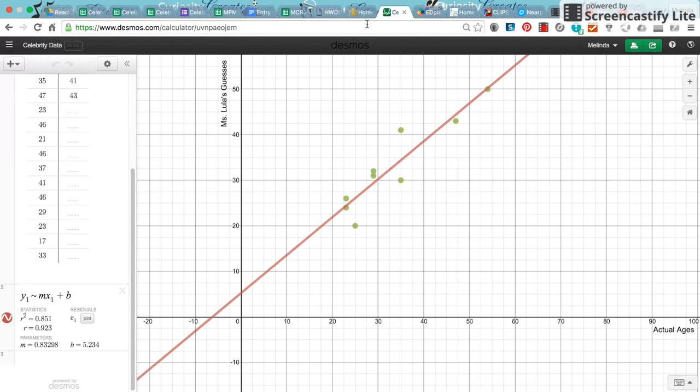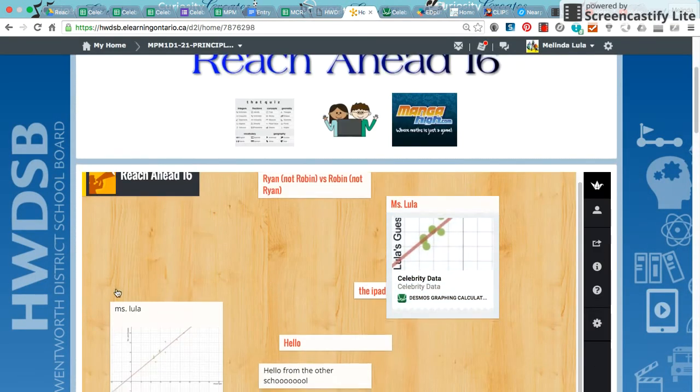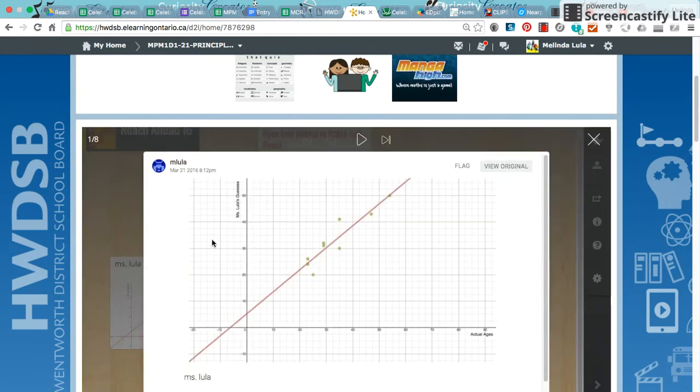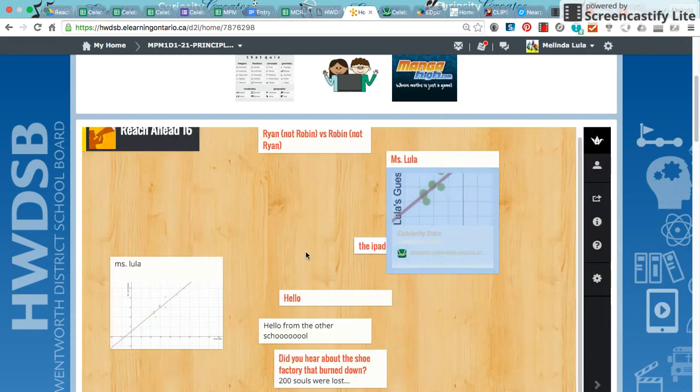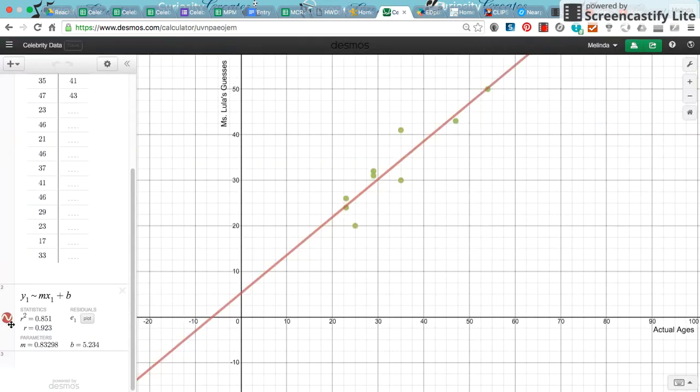And then I would like you to come back to our bulletin board. And you can see over here that I've done that. I've screenshot my graph and put it on here. When you do yours, I'd like for you to be sure to include that equation here. So on your screen, you need to have your equation on the screen so that we can see your R value, and you need to have your graph.